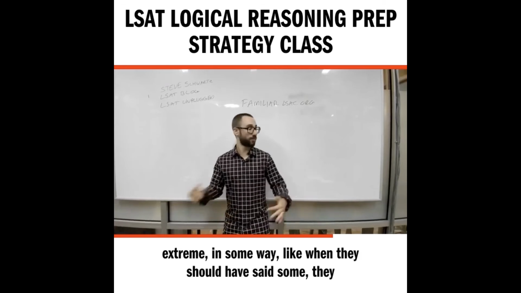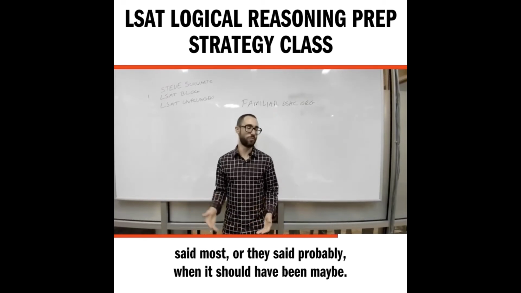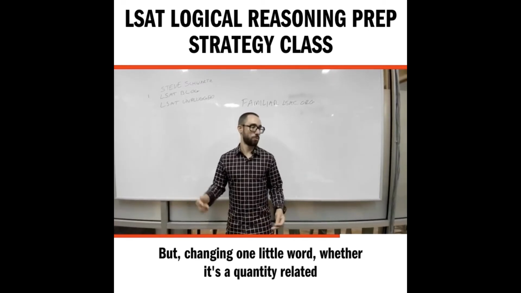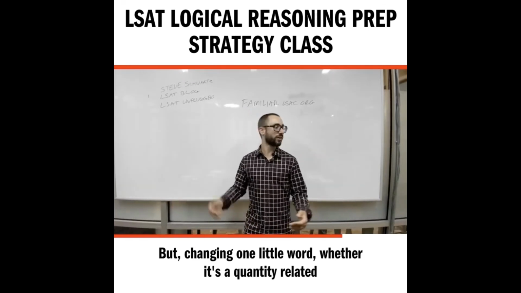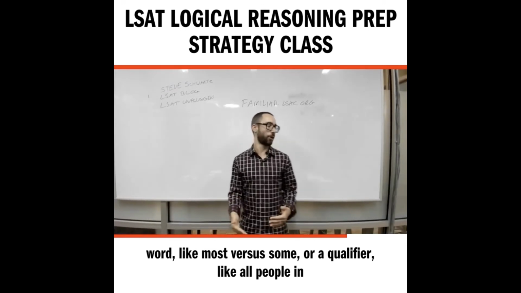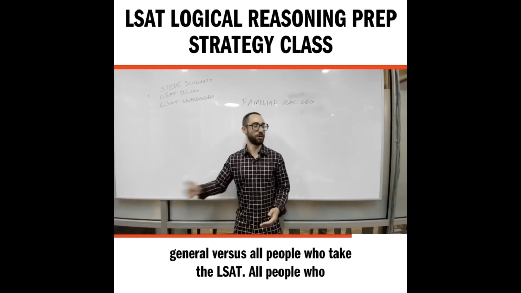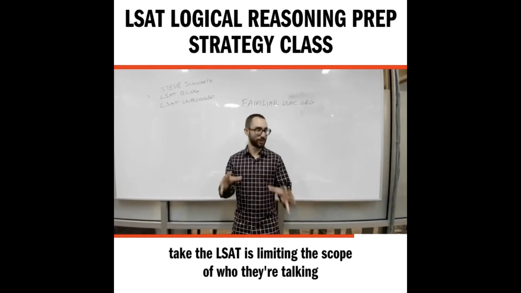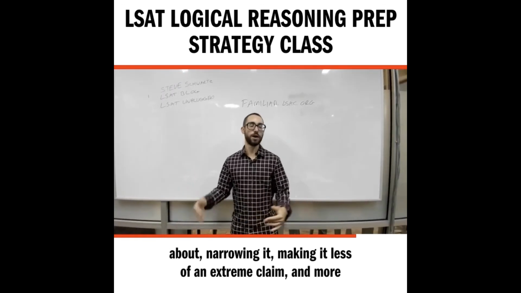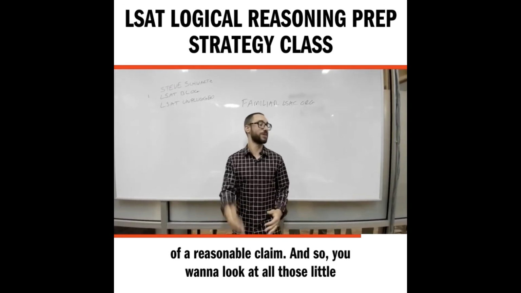Like when they should have said some, they said most, or they said probably when it should have been maybe. But changing one little word, whether it's a quantity-related word like most versus some, or a qualifier like all people in general versus all people who take the LSAT. All people who take the LSAT is limiting the scope of who they're talking about, narrowing it, making it less of an extreme claim and more of a reasonable claim.